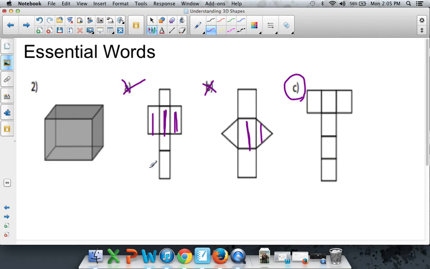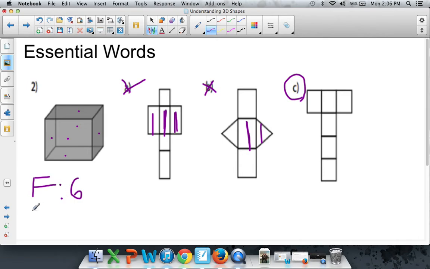As a bit of practice, shall we count how many faces, edges, and vertices this has? Let's take a look at the cube. F for faces. 1, 2, 3, 4, 5, and then in the back, 6. Like the one that you have to see through the shape, you know? There's 6 faces.